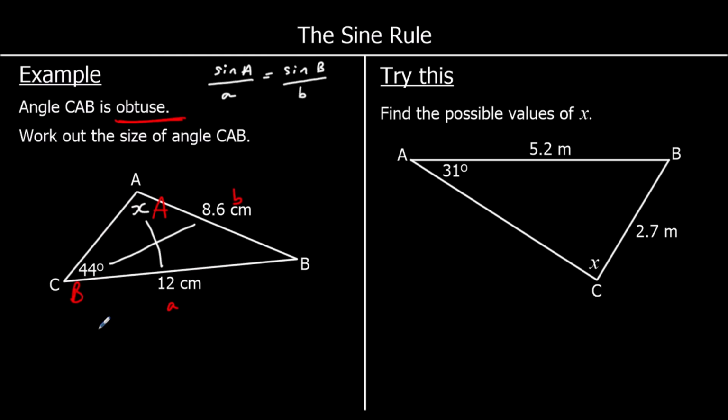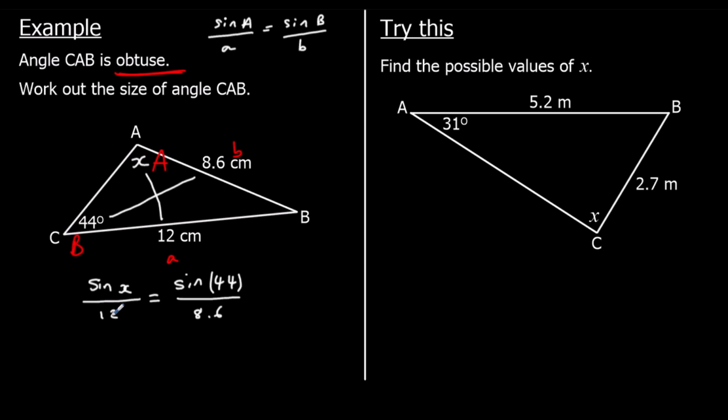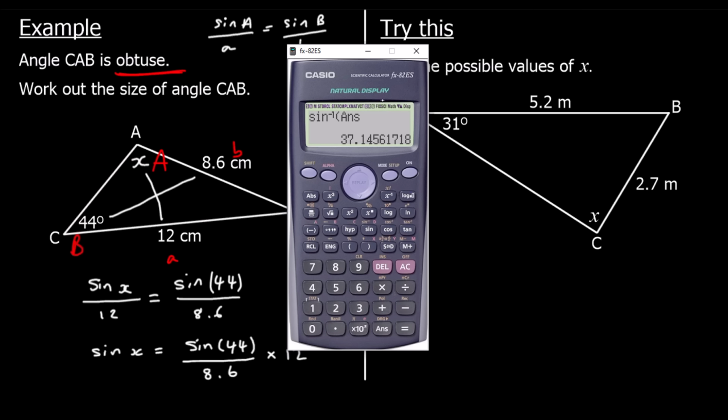So sine x over its opposite, which is 12, equals sine the other angle, 44, over its opposite, which is 8.6. To get sine x by itself, multiply both sides by 12. So sine x is sine 44 over 8.6 times 12. So let's type that into the calculator.